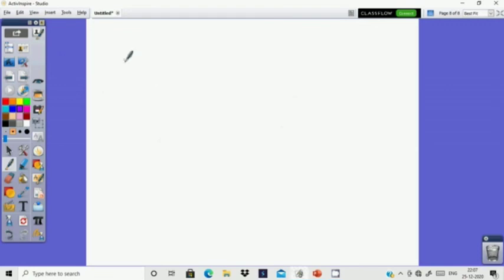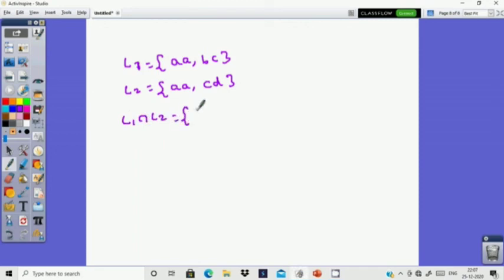Now I take up intersection. I have L1 equal to {AA, BC} and L2 equal to {AA, CD}. Now L1 intersection L2, what will be the result? Anything which is common to both the languages will be the result here.